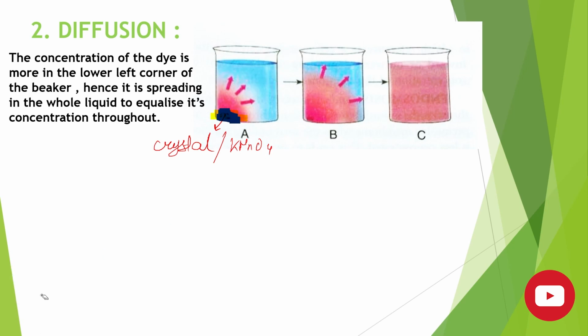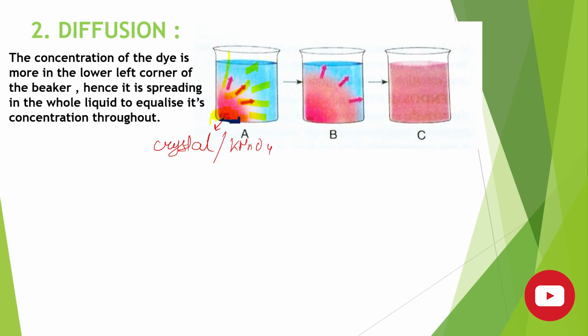So this portion is more concentrated, and the rest of the portion is less concentrated. So what is happening? The ink or the color is spreading in all the directions where it is less concentrated from the direction where it is more concentrated.